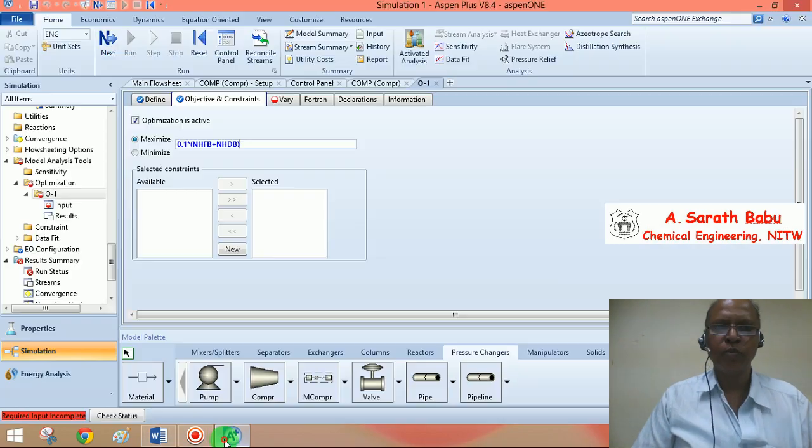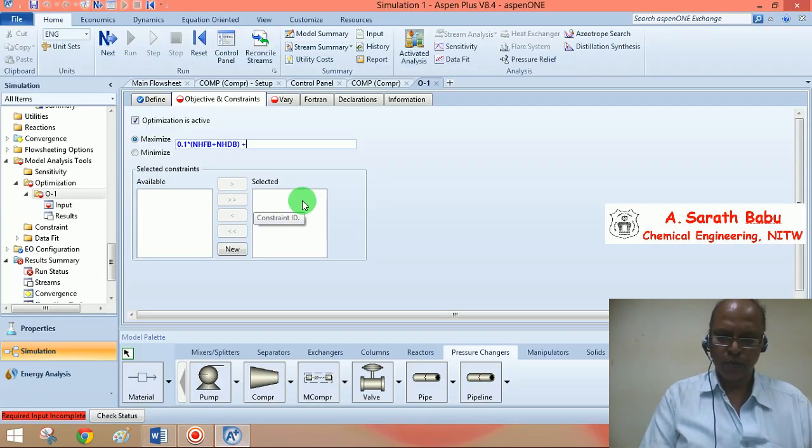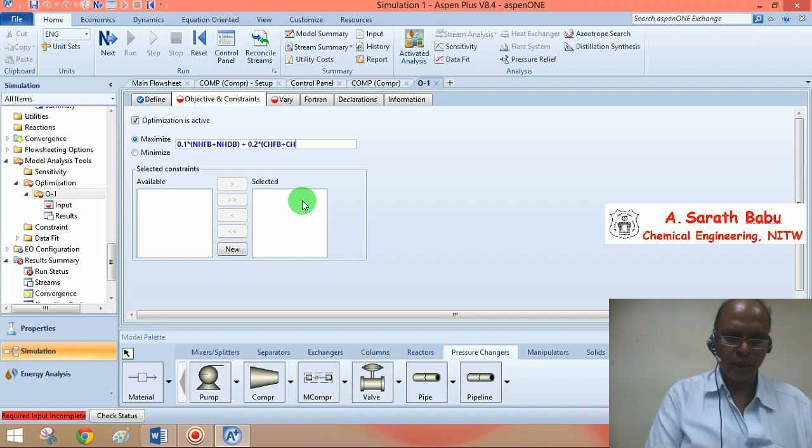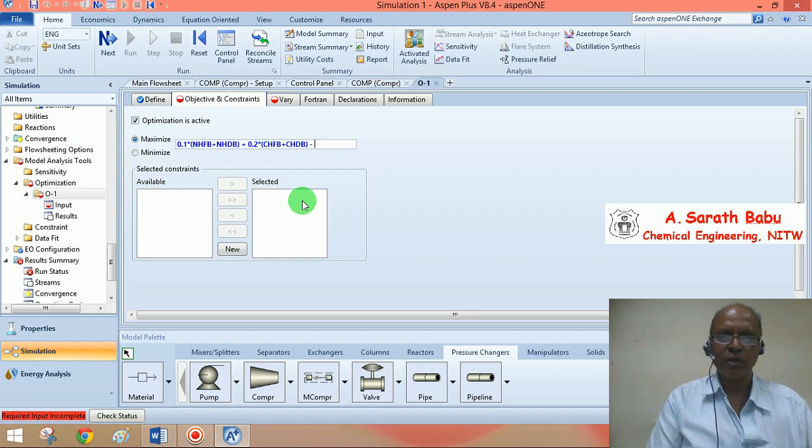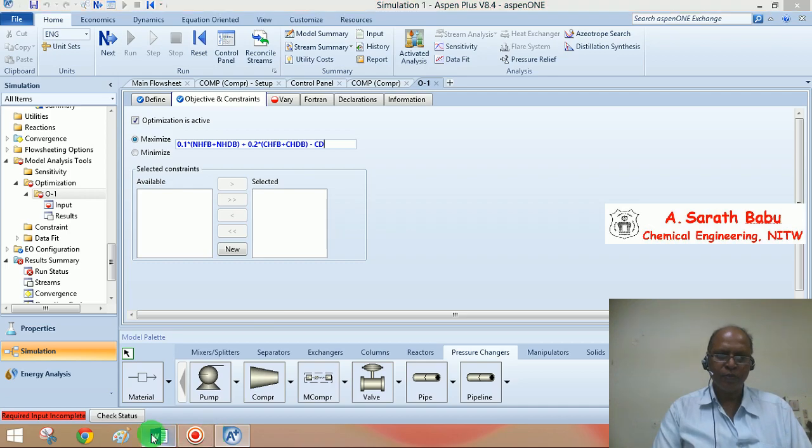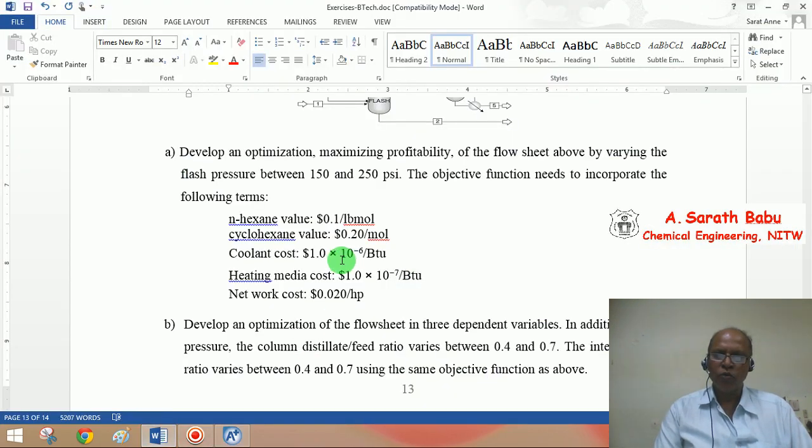Similarly, plus 0.2 star CHFB plus CHDB. So this is the total revenue minus condenser duty into 1 into 10 power minus 6.